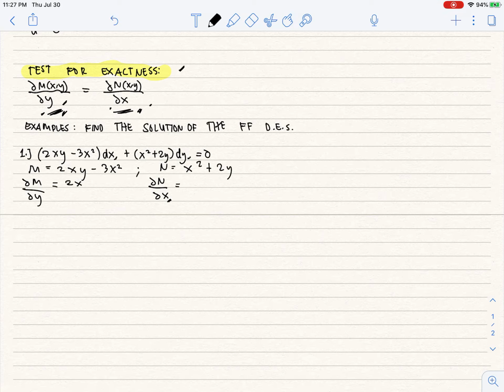So we derive N with respect to x. The derivative of x squared is just 2x. Then this whole value, 2y, is a constant, so the derivative of a constant is 0. Therefore, the answer is just 2x.